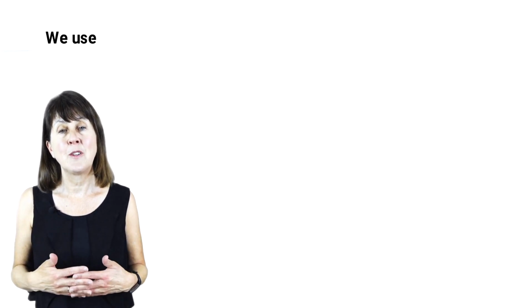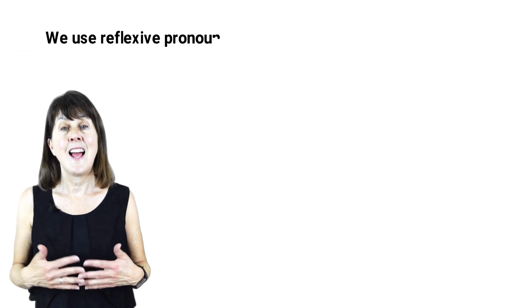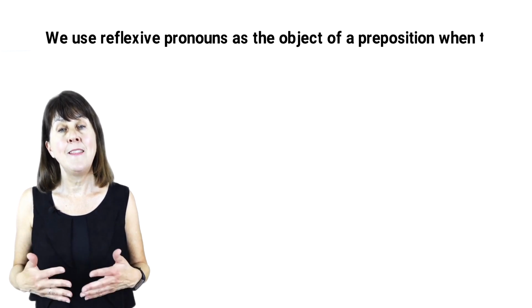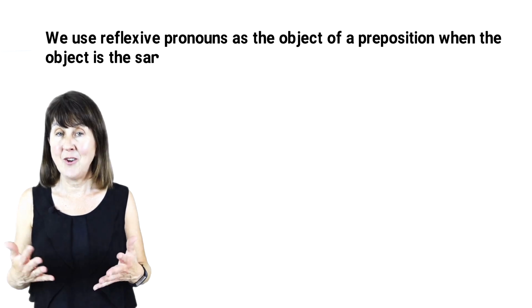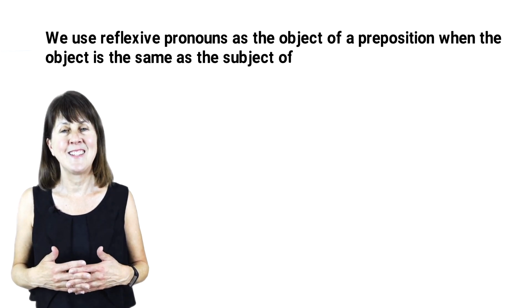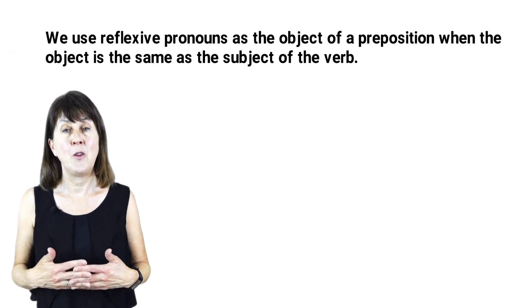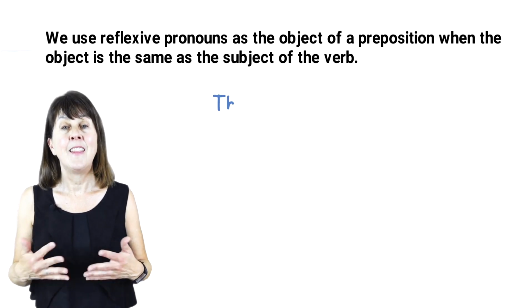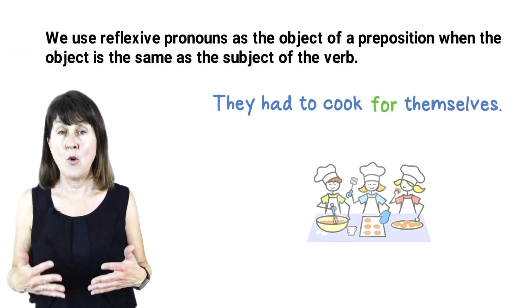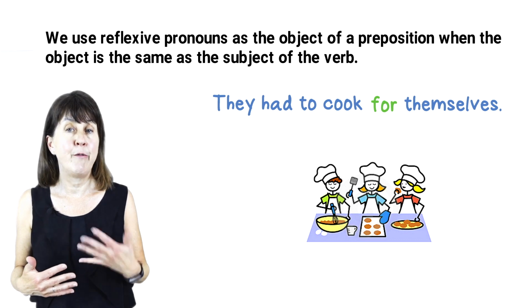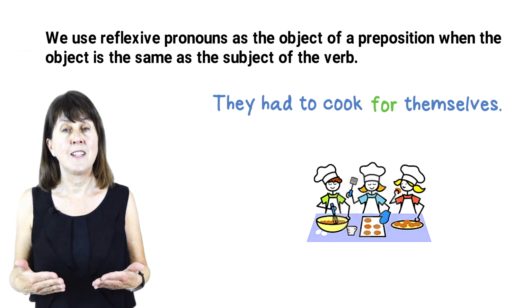We also use reflexive pronouns as the object of a preposition when the object is, you've got it, the same as the subject of the verb. So, for example, you could say, they had to cook for themselves. Here we have the preposition for with the object, the reflexive pronoun.